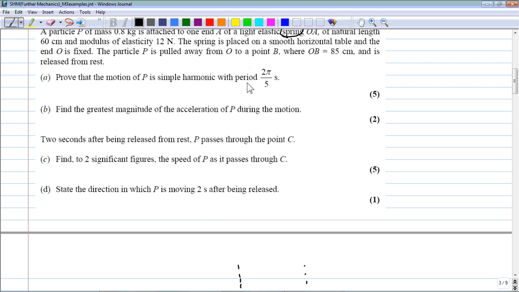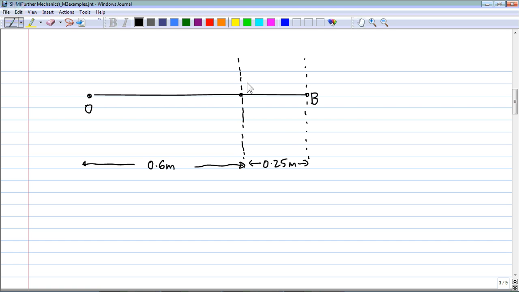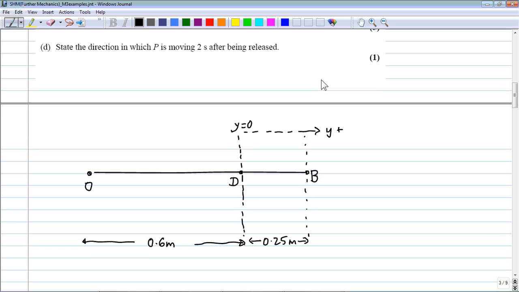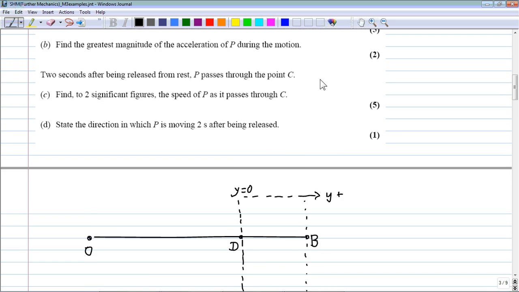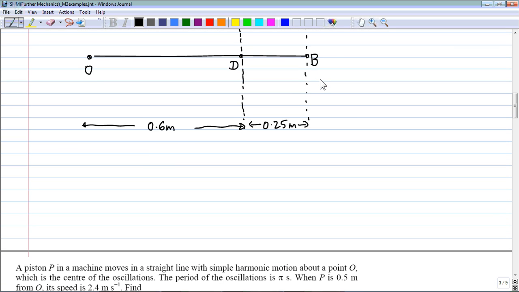No, sorry, this can be called point D. And so I'm going to define a variable y such that y is 0 at D and increases to the right, increases away from O. And now I'm going to show that the motion of P will be simple harmonic if it's released from B.